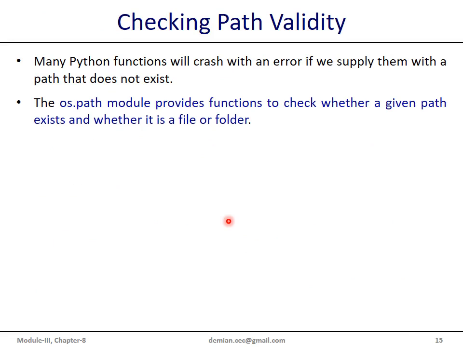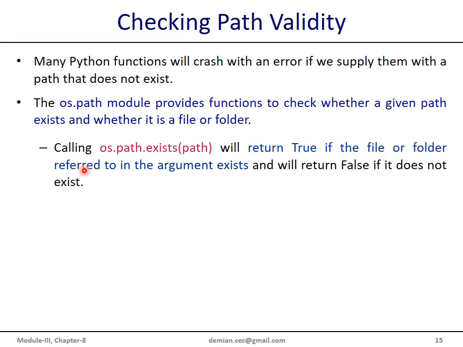Many Python functions will crash with an error if the user supplies a path that does not exist. To eliminate such abnormal situations, the os.path module provides functions to check whether the given path exists, or even whether the given path represents a file or a folder. The method to check the path validity is os.path.exists.